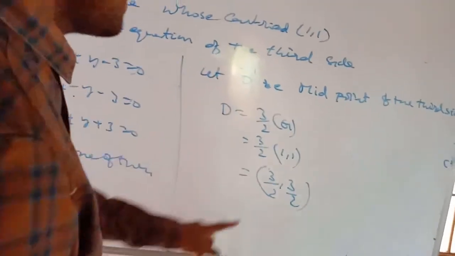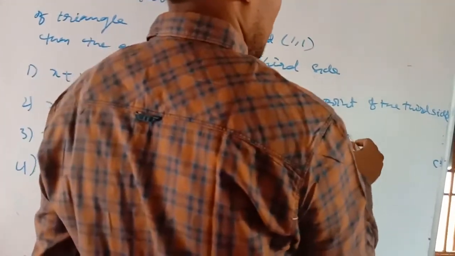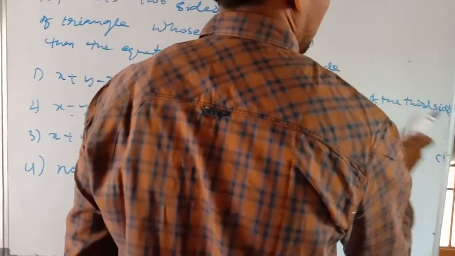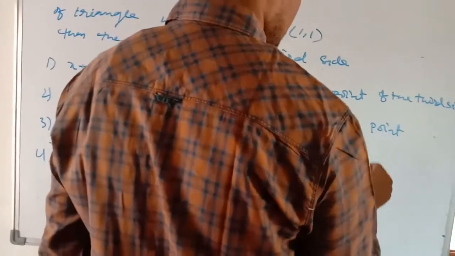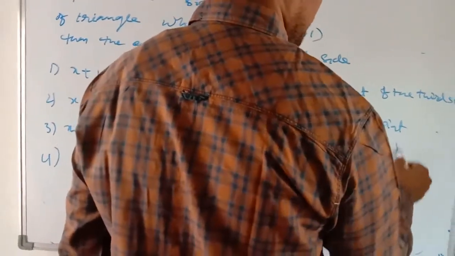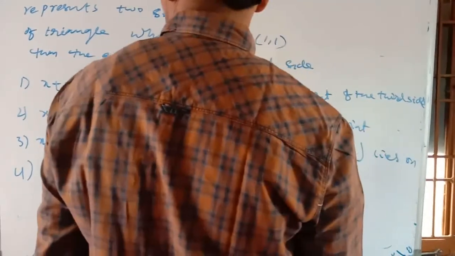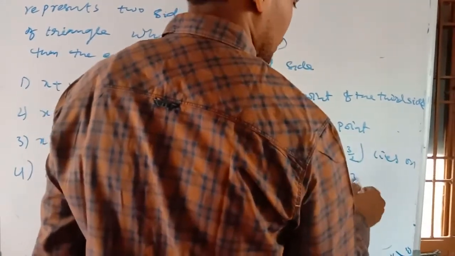Now here the point D, 3 by 2, 3 by 2, lies on this line x plus y minus 3 is equal to 0.